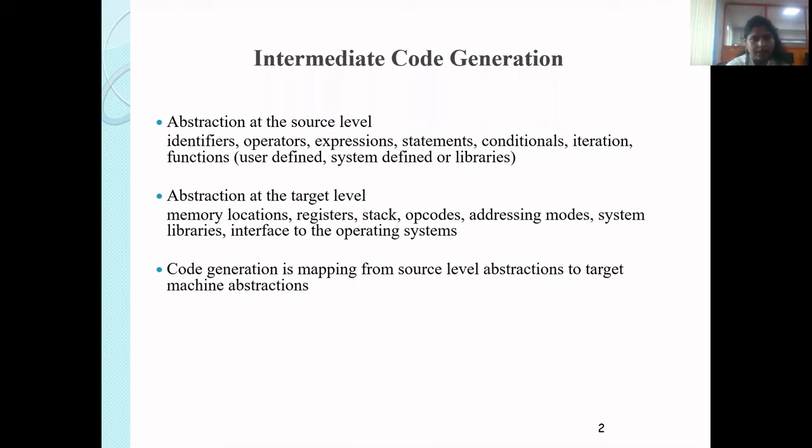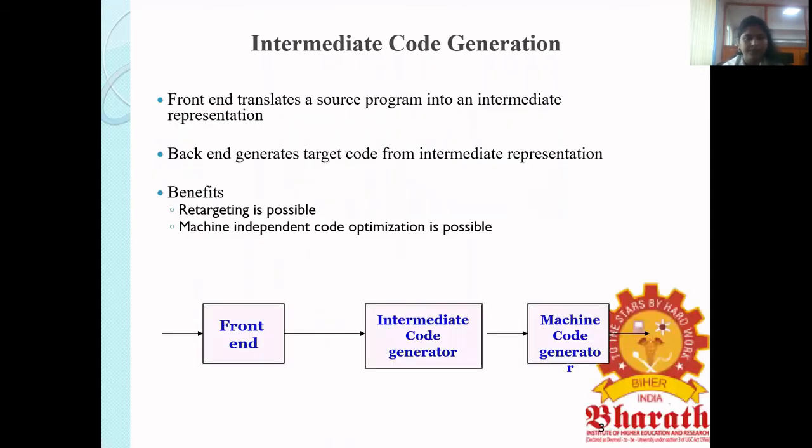Abstraction at the target level: memory location, registers, stack, opcodes, addressing modes, system libraries, interface to the operating system. Then code generation means mapping from the source level abstraction to target level abstraction.